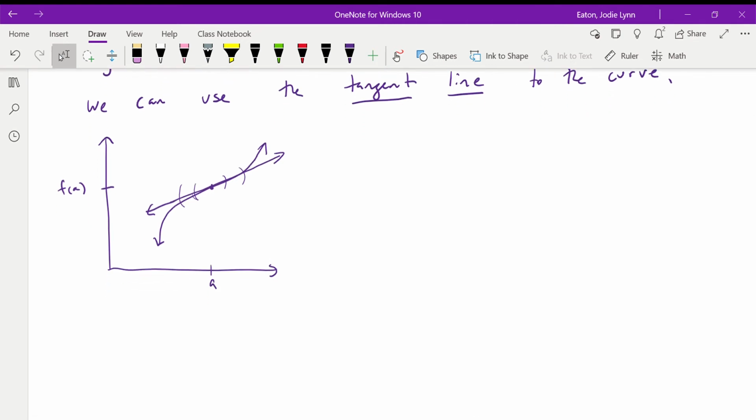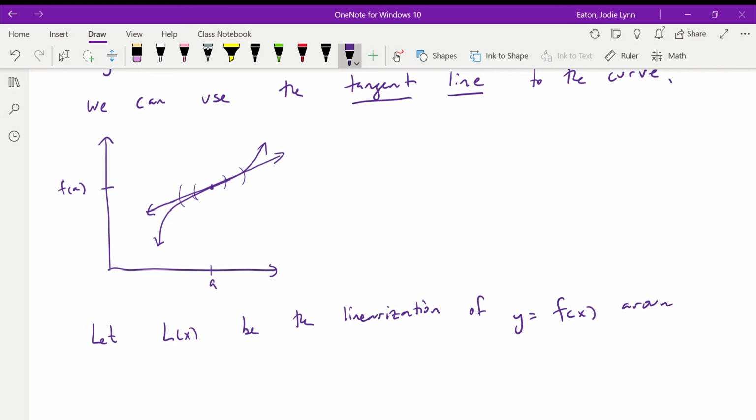So we will define, let L of x be the linearization of y equals f of x around a point.